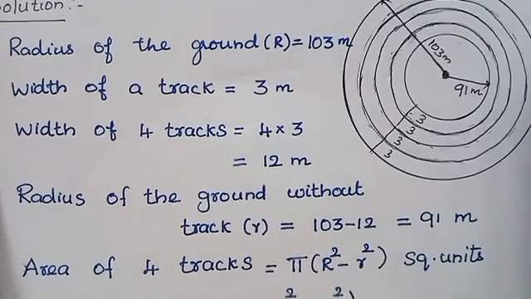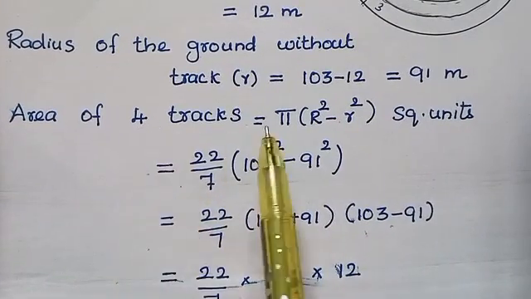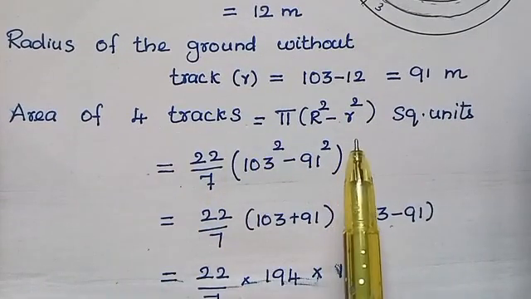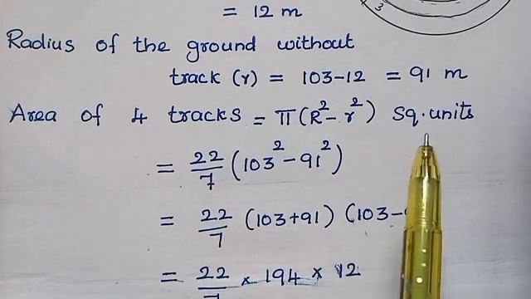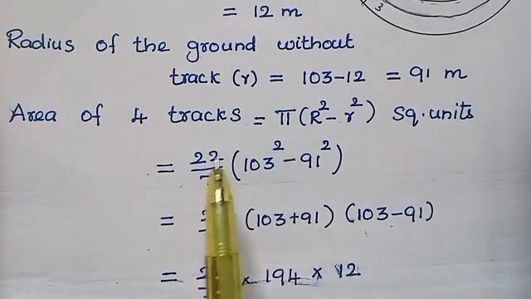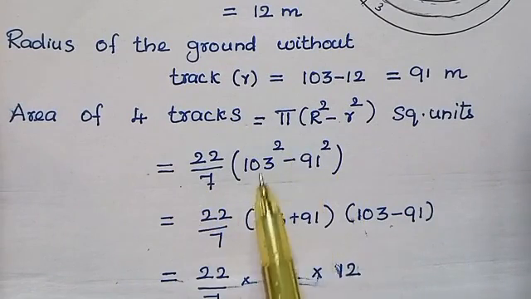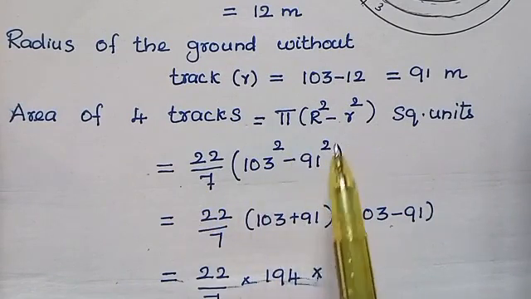Area of 4 tracks, the formula is pi into capital R square minus small r square, square units. See, value of pi 22 by 7, R equal to 103 square minus 91 square.